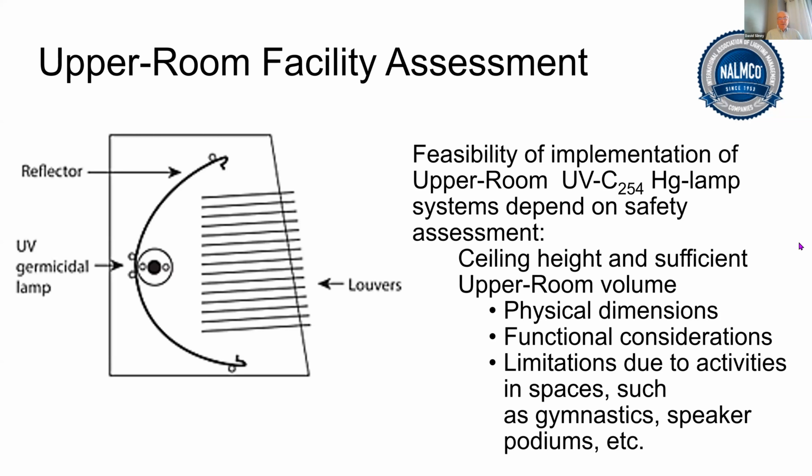For example, if there are gymnastics or basketball playing in a gym, you might have to be concerned about even higher elevations than 6 feet above the floor. Don't forget, there might be some elevated spaces like speaker podiums and so on. So take those into account when you're setting up your lamps.